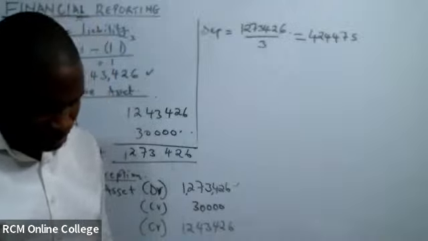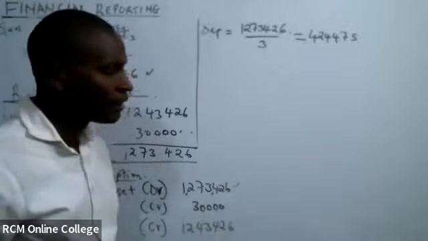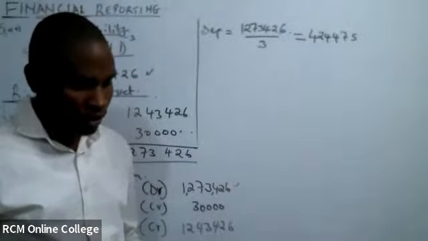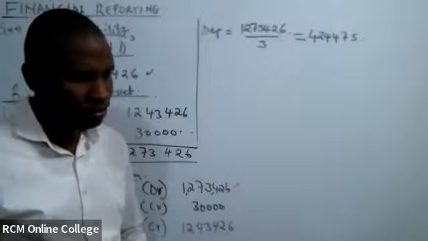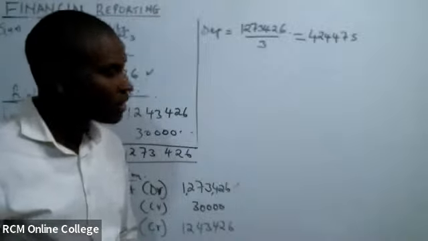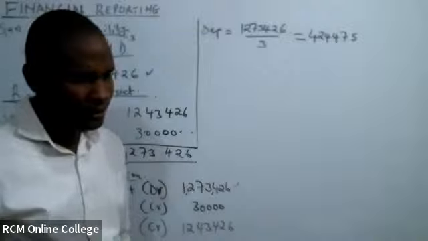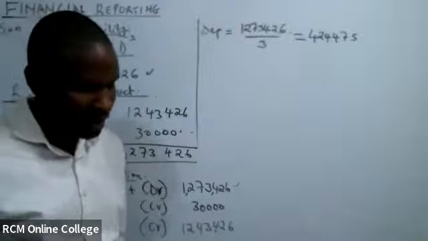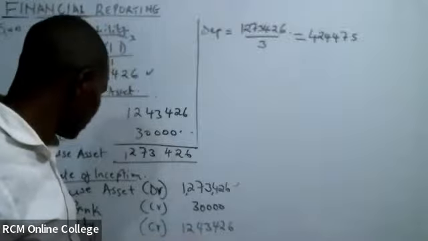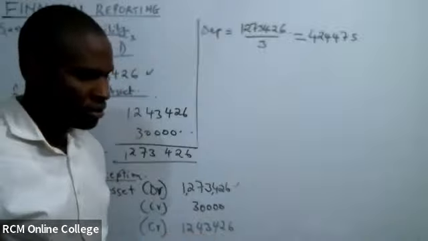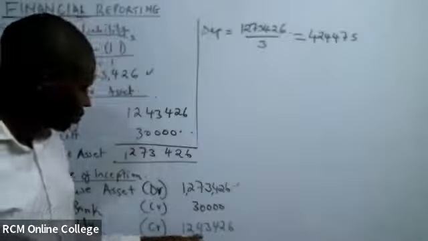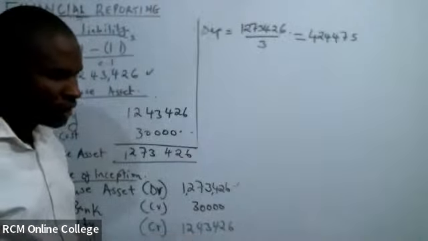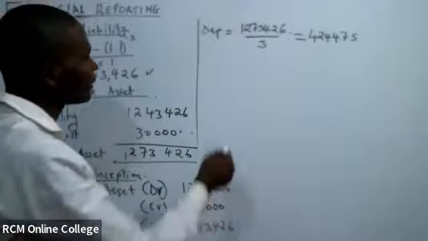The rate is 10%, right? And remember this interest is at a reducing balance, yes? So what will be the interest for the first year, 2019? Interest is charged on this amount, right? So what is the interest of this? 10% of this.